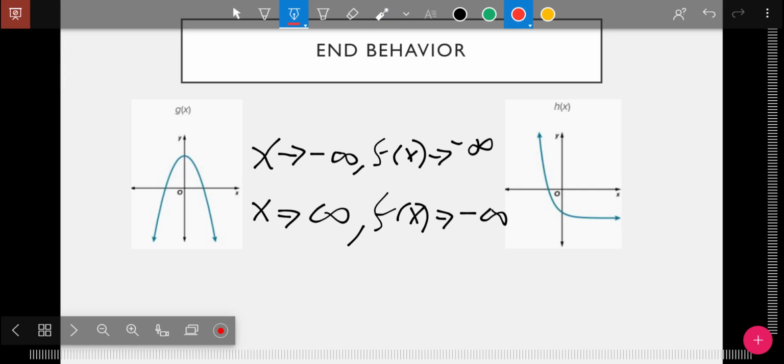Let's look at this example on the right. H of x. X approaches negative infinity. F of x approaches, as it goes left here, it's going up forever. And then this is really tricky here.